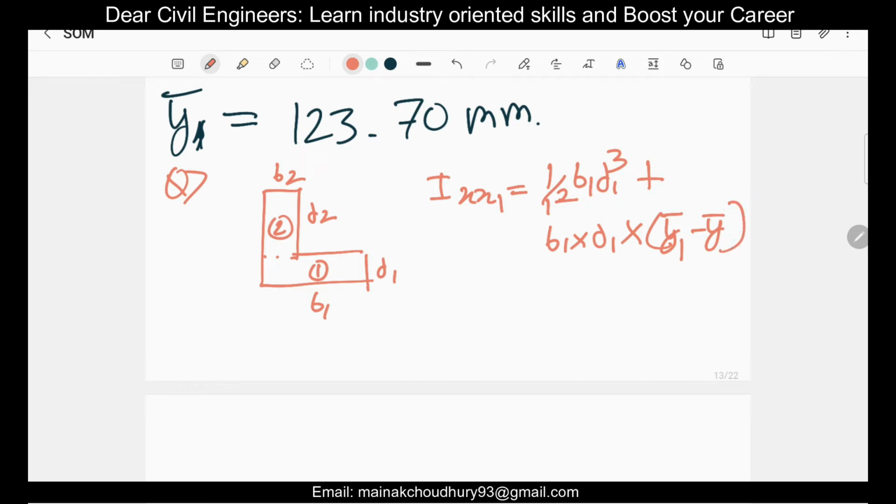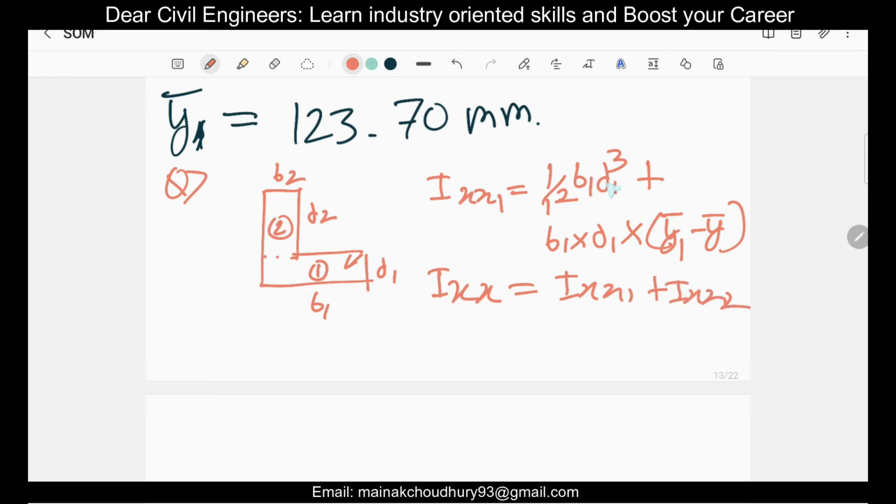So this is interesting. I'm taking the moment of inertia of this particular part, and the total Ixx, moment of inertia along the x-axis, will be Ixx1 plus Ixx2.